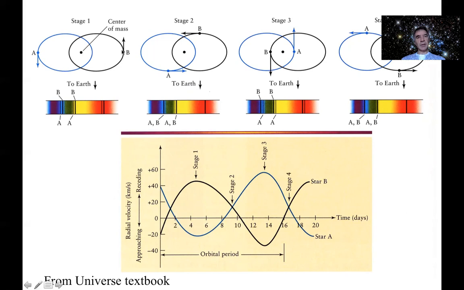It'll be going slower at this bit of the orbit and faster at this part of the orbit, so that changes the slope of these lines. So you can also determine the eccentricity of the orbit of each star from the deviation from a pure sine wave.